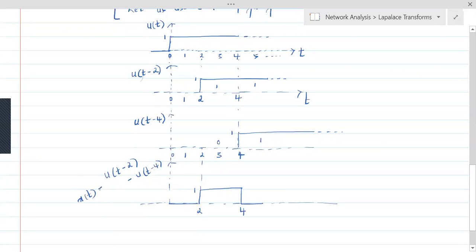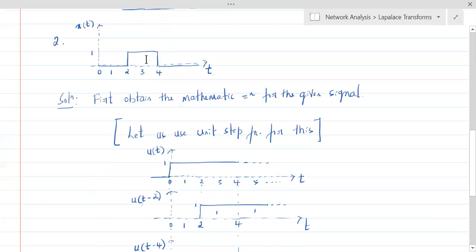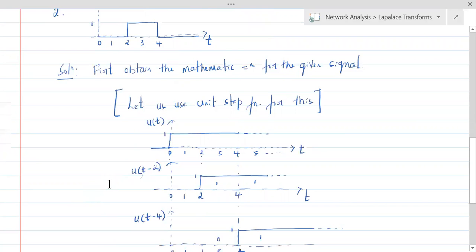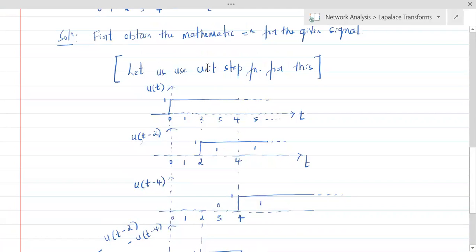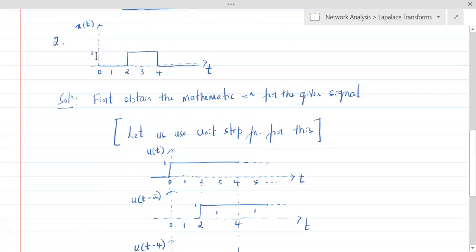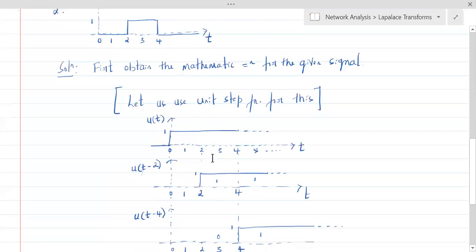Okay. So x of t was given as the signal, the graphical representation. So what we have done now is represent this x of t mathematically in terms of u of t. So this exercise needs to be done. You can do the whole stuff, or just by seeing this, if you are able to write, you can write, not at all a problem.